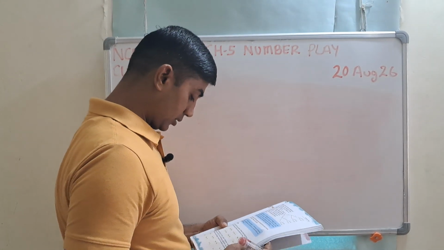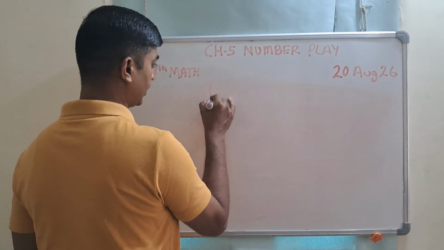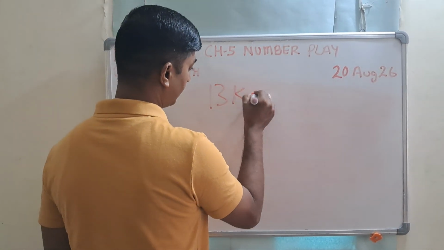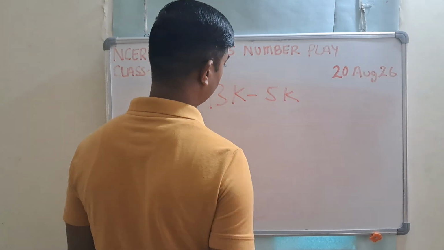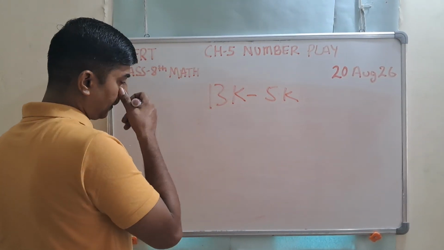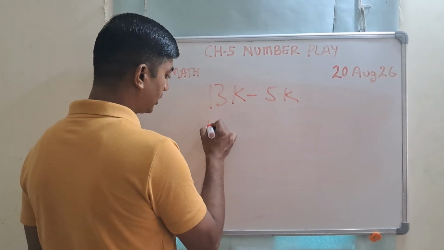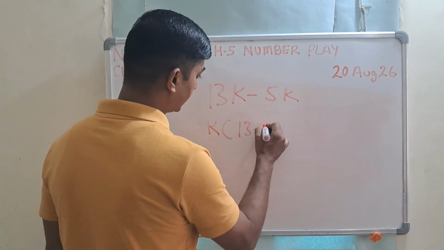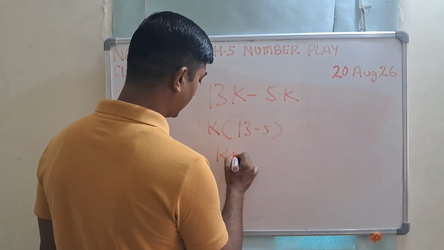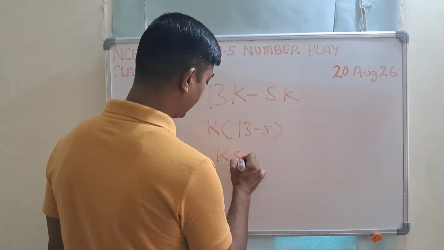What is the next expression? 13k minus 5k. Now see, we can solve it also. If we take k common, we get 13 minus 5, that is 8, times k.